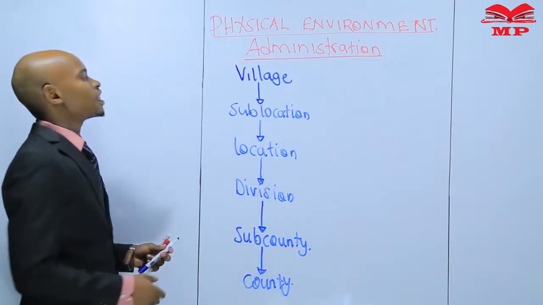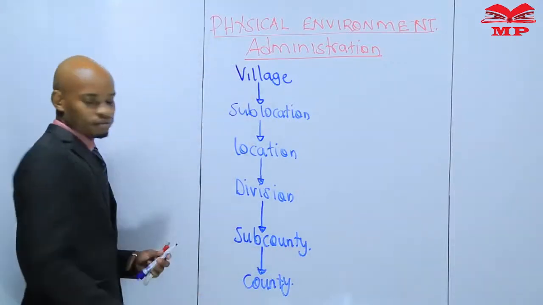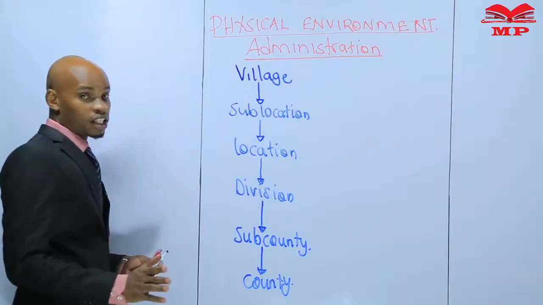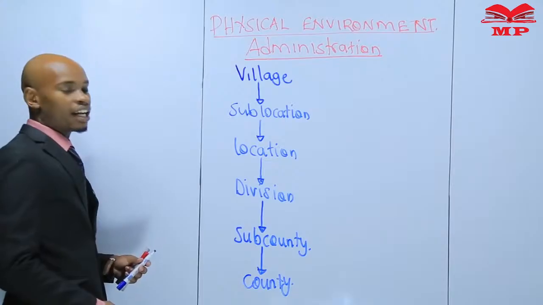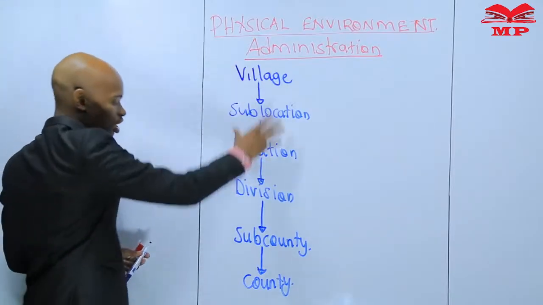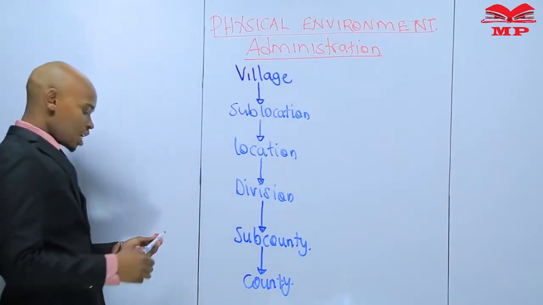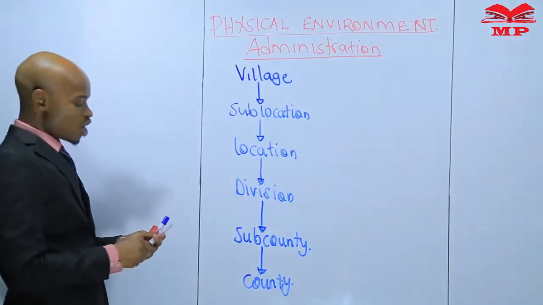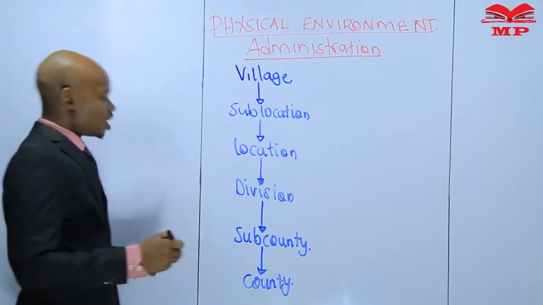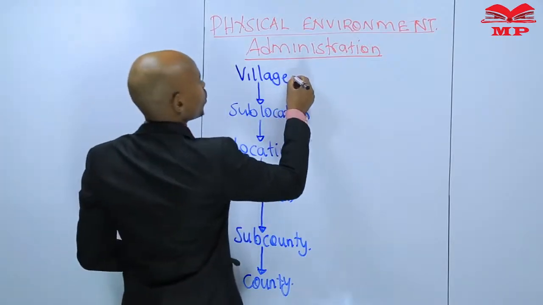This is the administration hierarchy. That's the very first thing that we are supposed to know, maybe before we illustrate whatever we are doing here in a map. This is administration hierarchy, and maybe to give them the titles of the people who are in charge of these hierarchies. Who is in charge of a village?